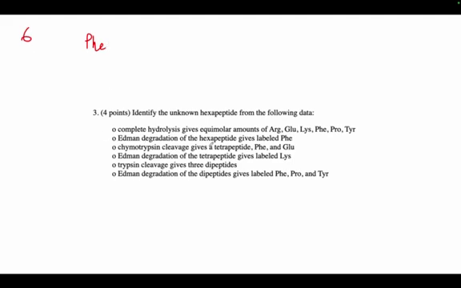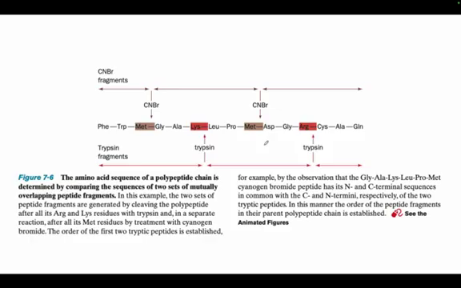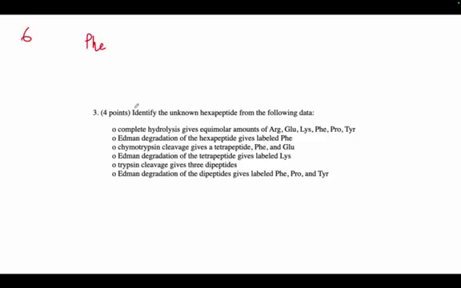Chymotrypsin cleavage gives a tetrapeptide, phenylalanine, and glutamate. If we remember, what is the specificity of chymotrypsin? Chymotrypsin cleaves after bulky hydrophobic residues such as phenylalanine, tryptophan, tyrosine, which means chymotrypsin must have cleaved after the phenylalanine.